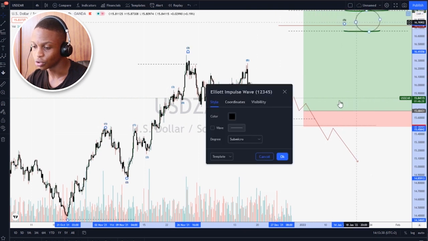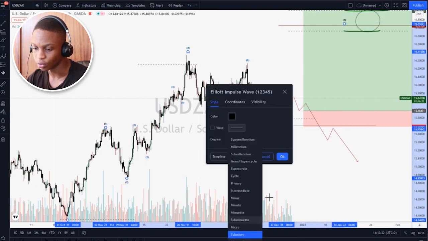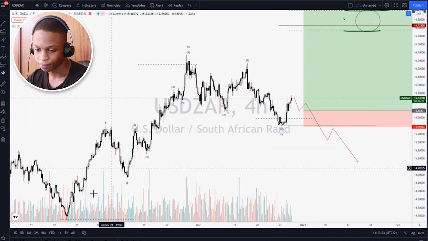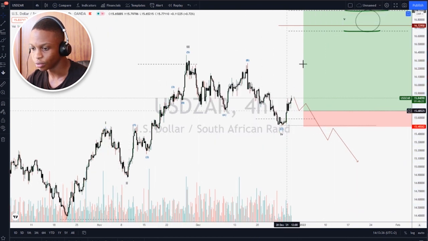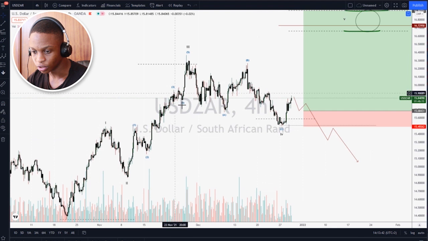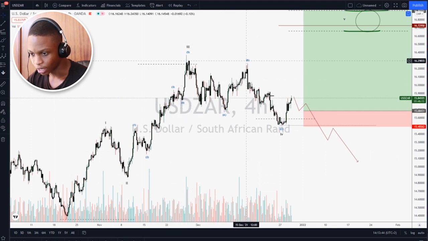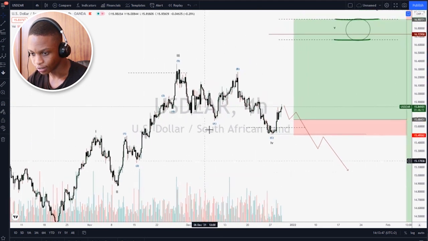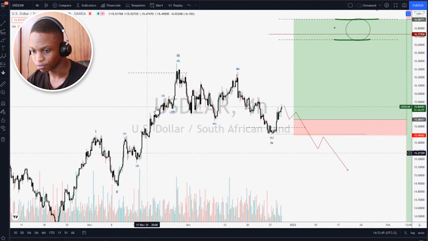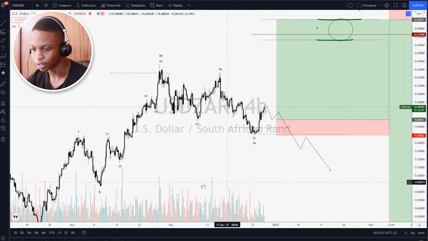And this is also to show you how degrees work. Okay, so we have a higher degree 1, 2, 3, 4, 5 move, but in between this higher degree, we have a smaller degree 1, 2, 3, 4, 5, ABC market cycle. Do you see that? You see that ABC 5 or 8 wave market cycle right there.